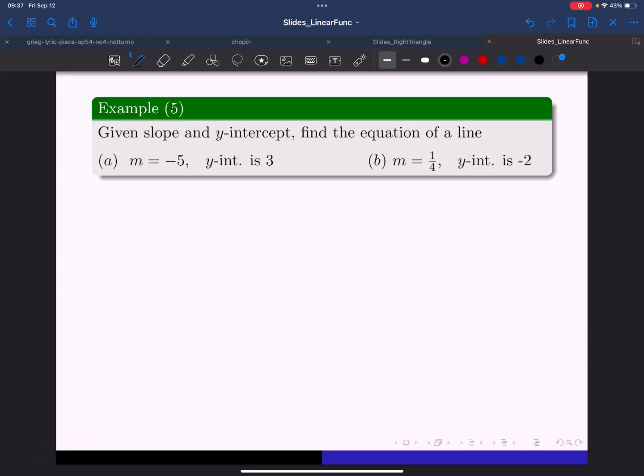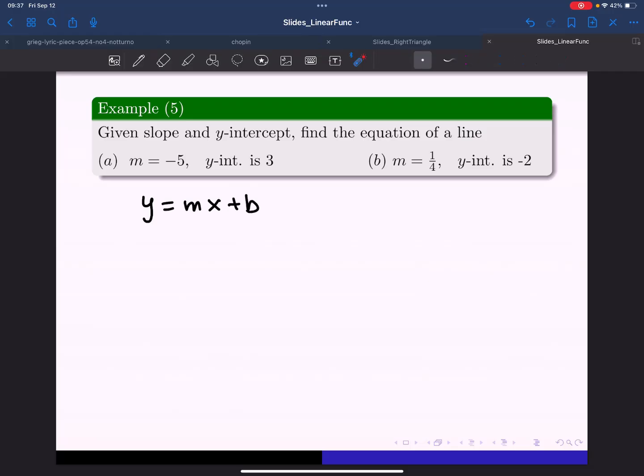Example 5. Given the slope and y-intercept, find the equation of the line. The slope is minus 5 and the y-intercept is 3. So we use the formula y is equal to mx plus b.